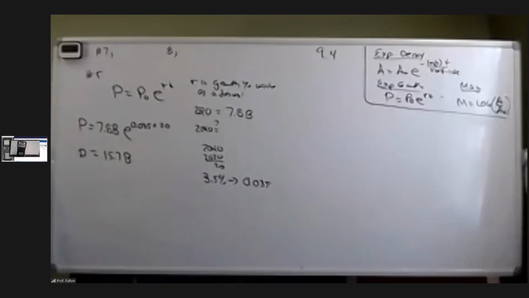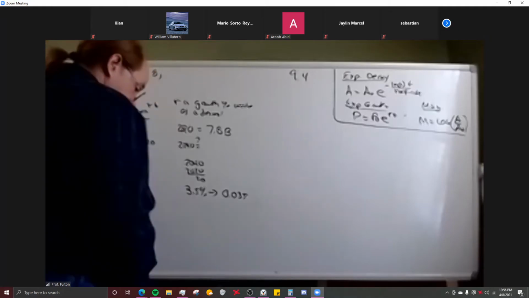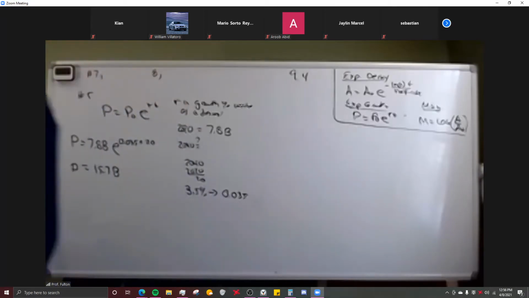So 0.035 times 20. And I get the same 15.7. So either way, you should be getting that. Okay, I know what I pressed wrong. Okay, thank you. So either way, you should get that answer. I did it on two different calculators to see you get the same exact result.